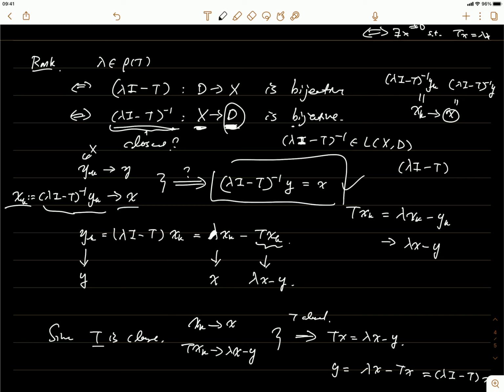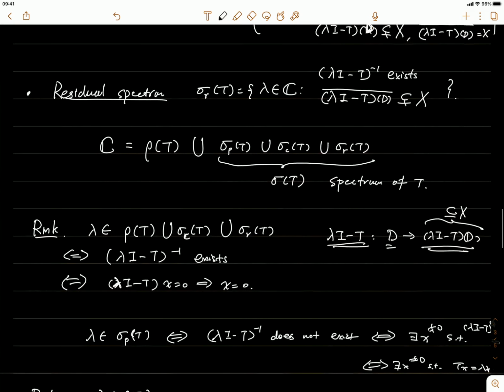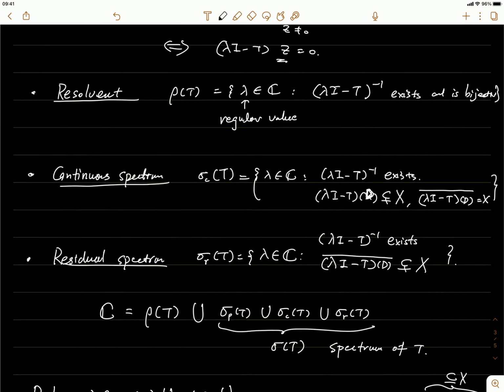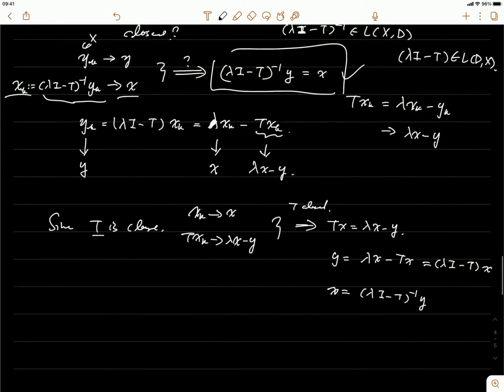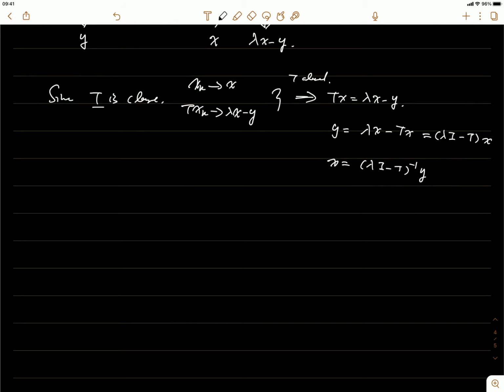Because you have a mapping from x to D that's a bijection, and this one is continuous, the inverse is also continuous. The inverse is just lambda I minus t. So this is also a bounded linear operator from D to x. So in that case, you don't need to worry about that. When lambda is in here, this thing is actually in L(x, D). It's a bounded linear operator from x to D. Okay, so that's another remark I want to make.